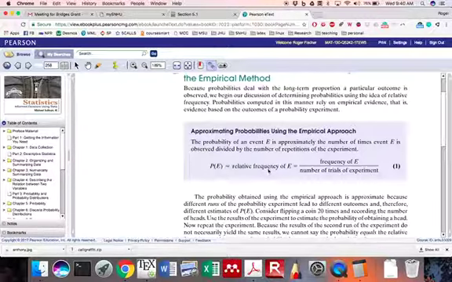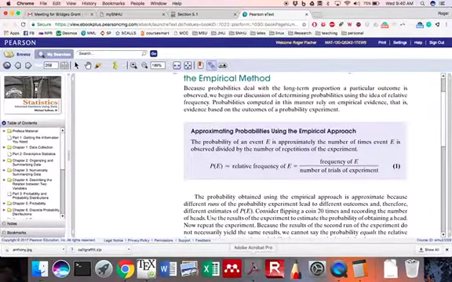But if you determine the relative frequency of an event, so you run an experiment, like let's say you roll a die 10 times, and you want to know how often you get an even, you would roll the die 10 times and record what happens.